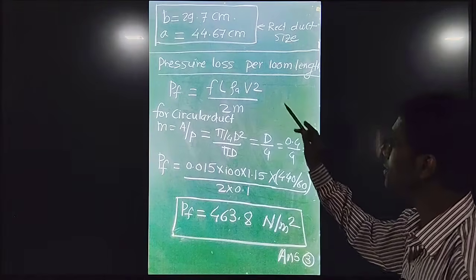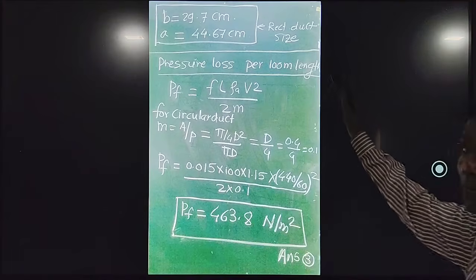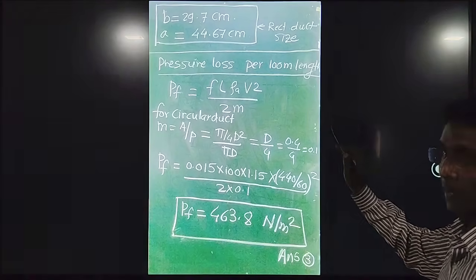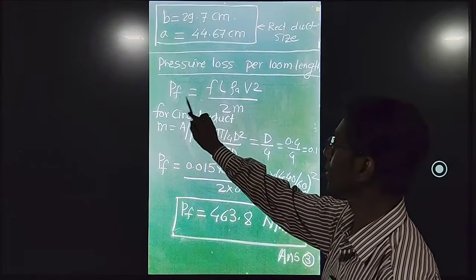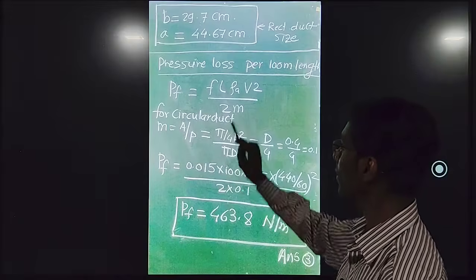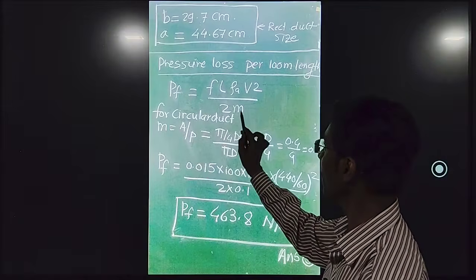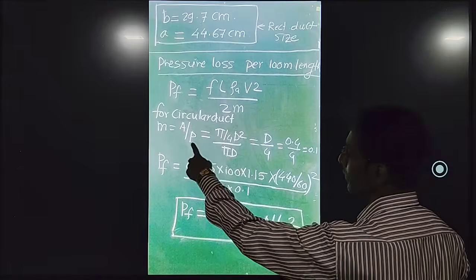Now the next one is, we are asked to find the pressure loss per 100 meter length. Here is the formula: pressure loss Pf is equal to f L rho V square by 2m. Now here we have to find m, meaning the hydraulic mean depth. For that, area by perimeter.